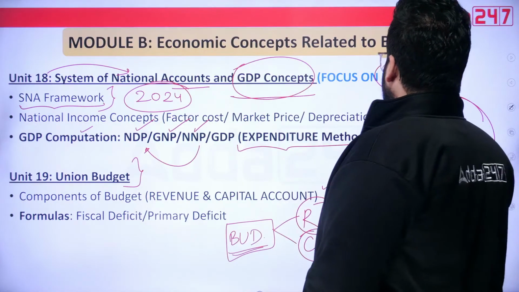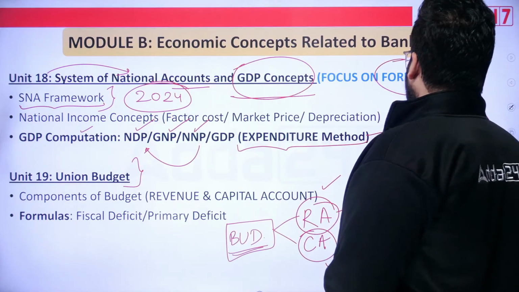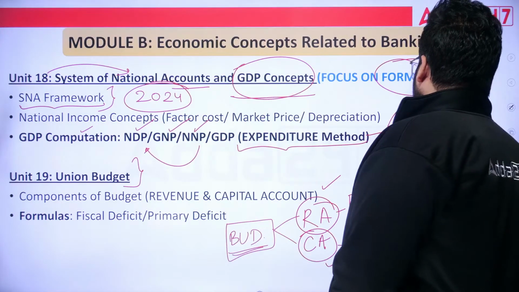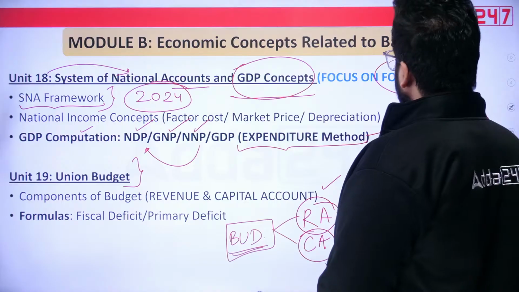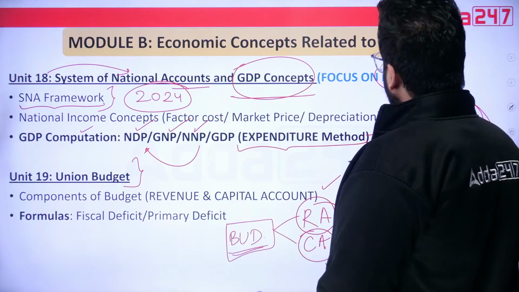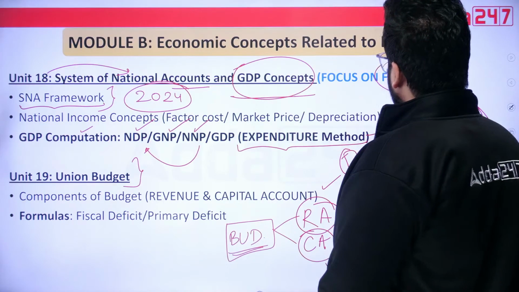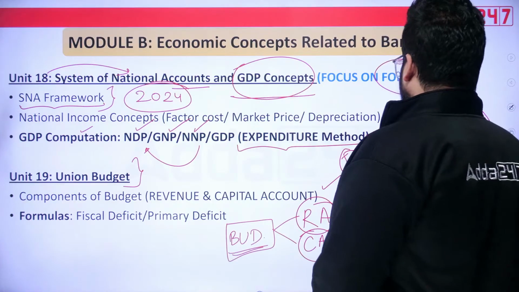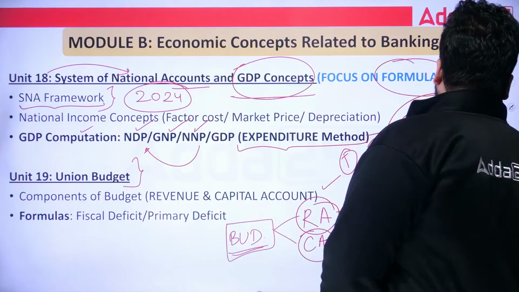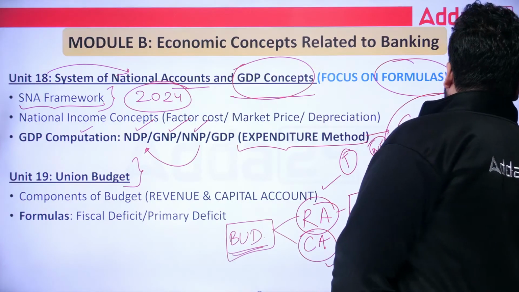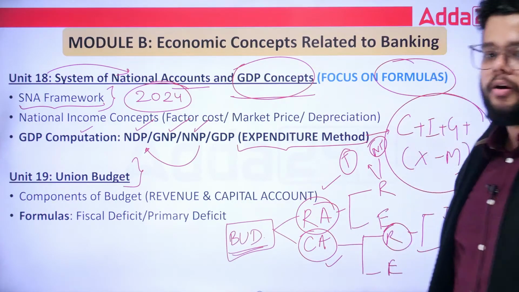Then the revenue account is divided into receipt and expenditure, the capital account also into receipt and expenditure. In the revenue account, we have the receipt in the form of taxes and non-taxes. For your capital account, the receipts will be debt creating or non-debt creating. So these are the simple components in your union budget.